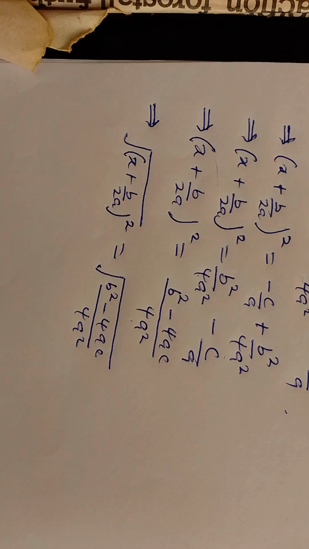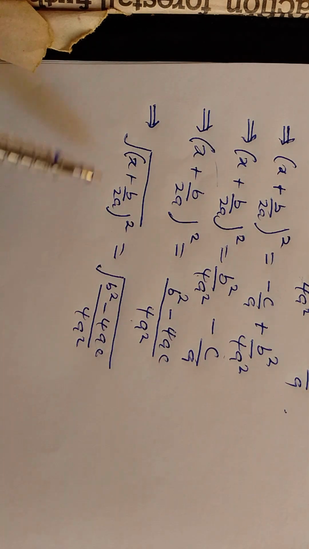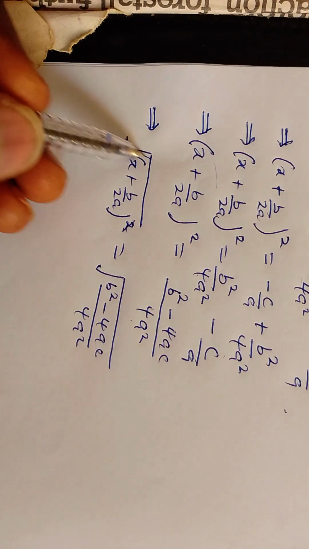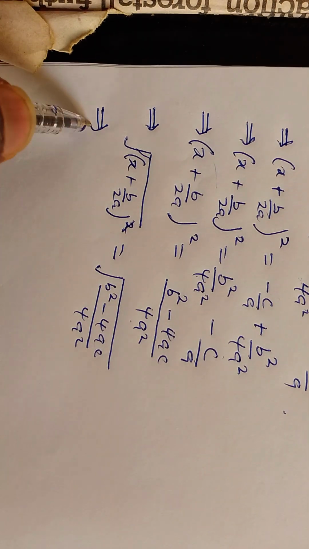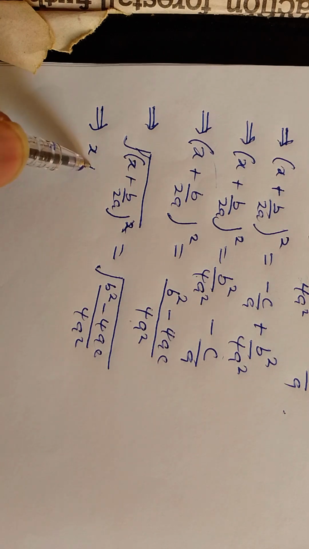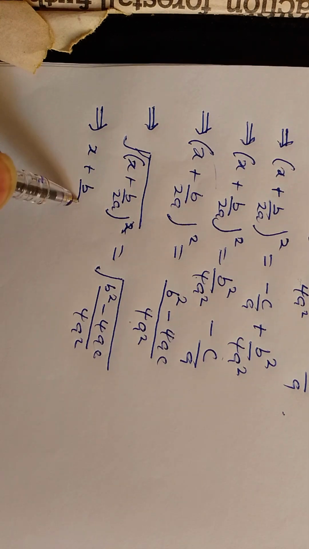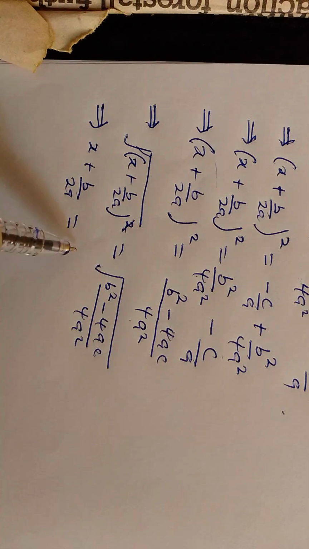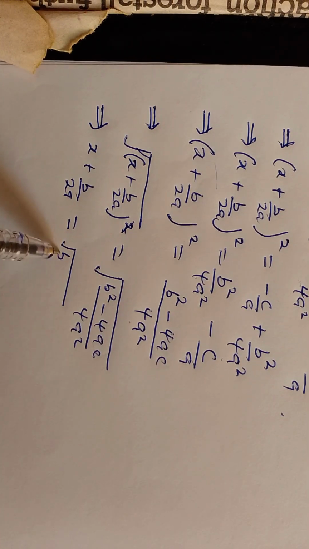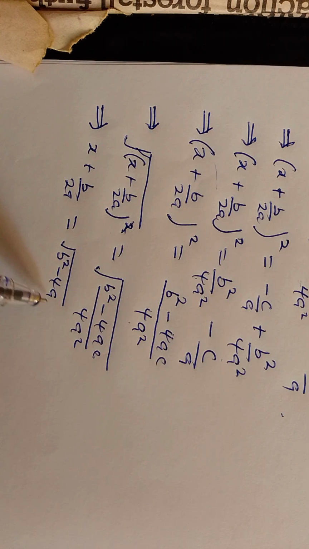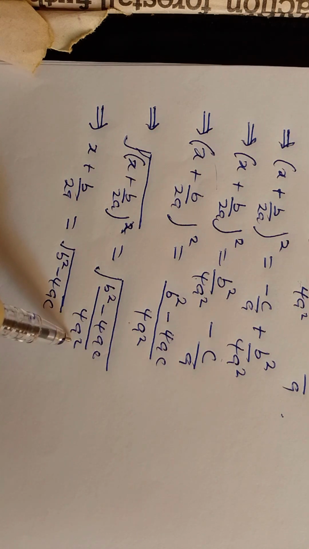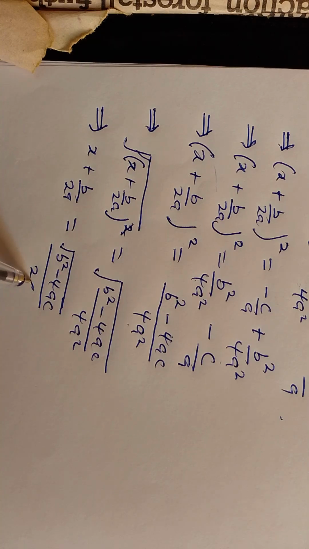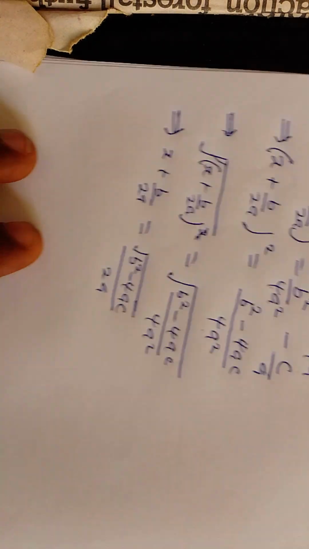Alright, this is good. Now if I find the square root, the square will cancel the square root. So this implies that I'm having x plus b over 2a equals square root of b squared minus 4ac, because the square root of 4a squared will give me 2a. So I'm having over 2a. Alright, this is absolutely cool.